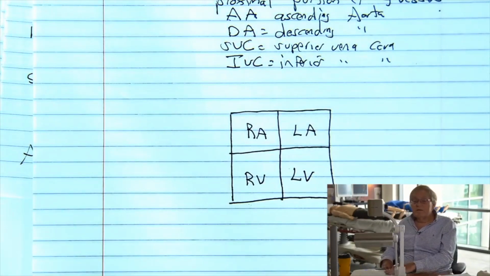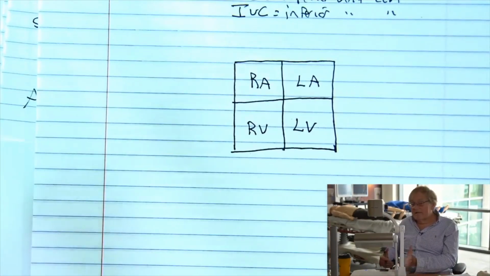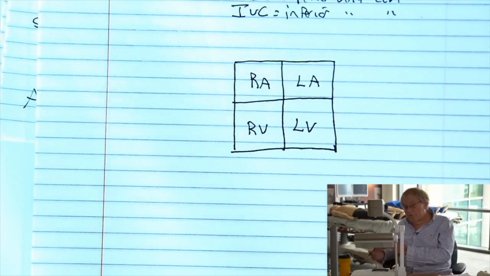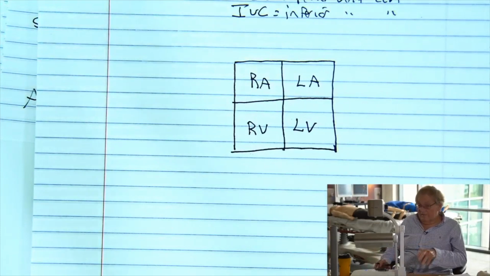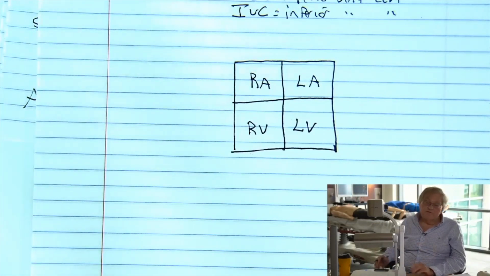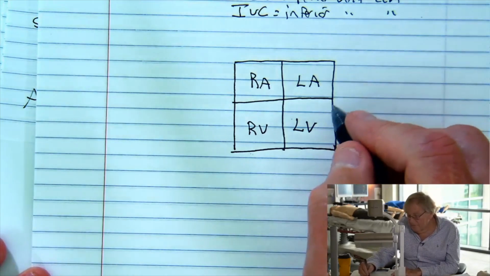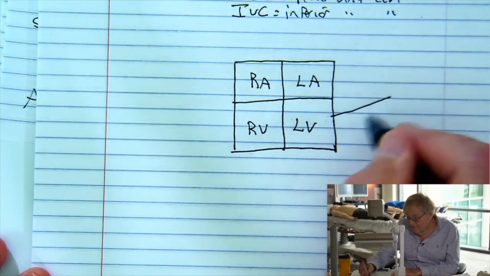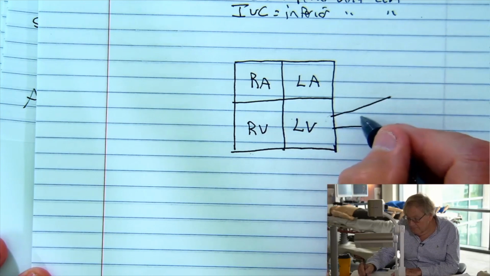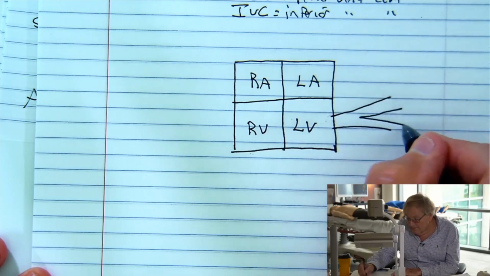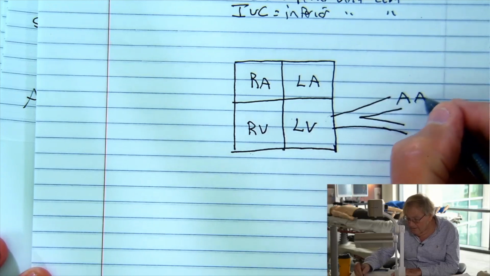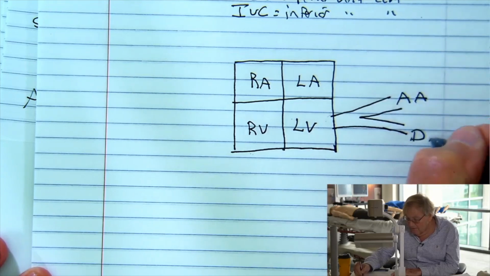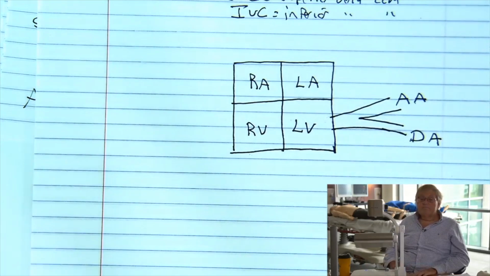My heart's got to have blood leaving it to go to my systemic circulation and perfuse my body with oxygenated blood. Since my ventricles are pumping chambers, my left ventricle is going to have a valve that splits and puts this out into here. That's my AA, ascending aorta, and that's my DA, descending aorta.